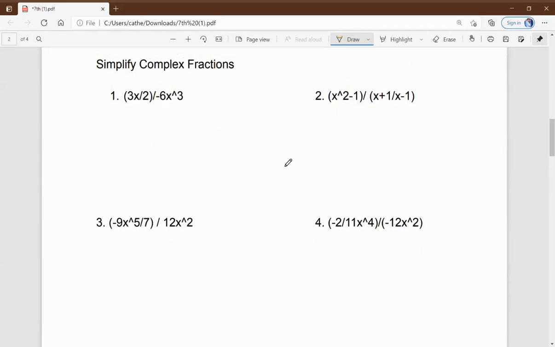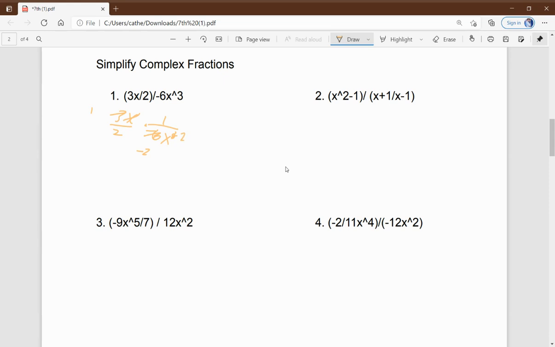Simplifying complex fractions. Since this is pretty confusing like this, let's just do that. Multiplying that by 1 over negative 6x cubed. That'd be negative 2.